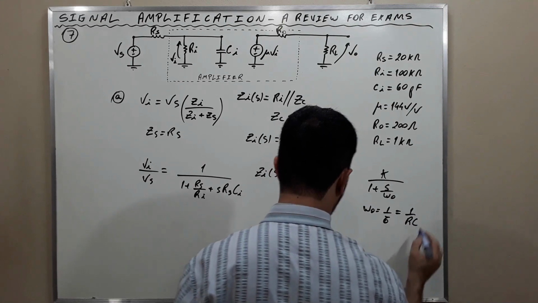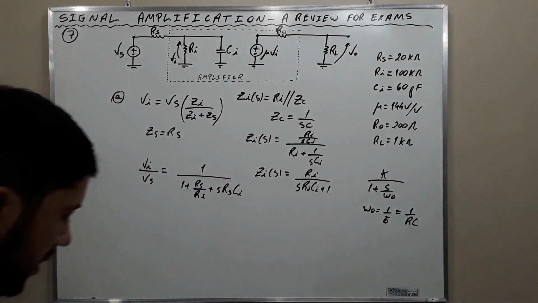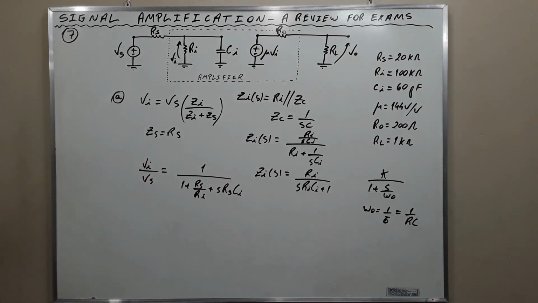For us it is RC. Okay? WO is the half power cut off or corner frequency. You choose how you are going to consider it. It is the half power frequency, the cut off frequency, or the corner frequency, and tau is the circuit's time constant.